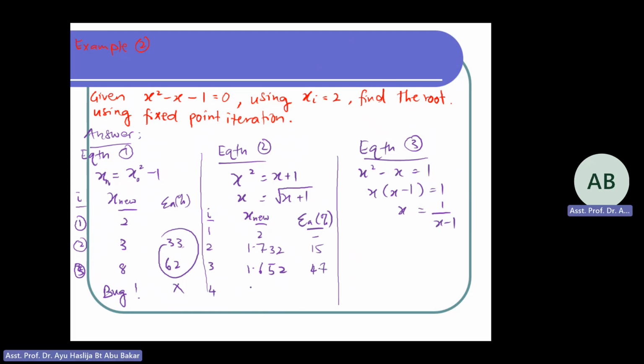How about the fourth iteration? 1.6288. EA? 1.5. So the EA here is looking good. It is reducing. So this equation is the correct equation to be used. Try to proceed until the 6th iteration.